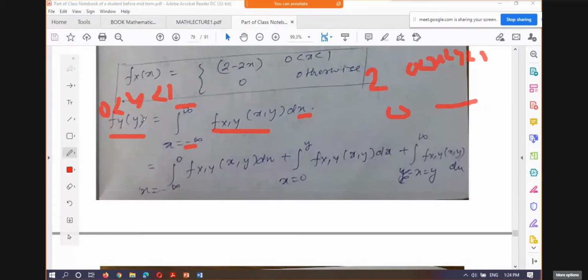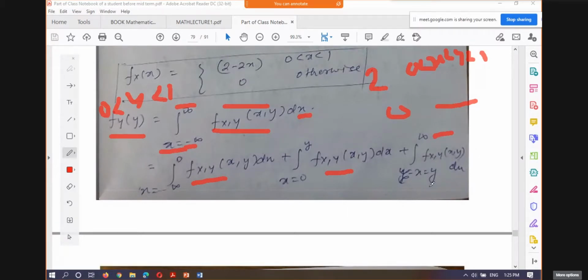So in this case, if y is greater than 0 and less than 1, we are trying to calculate the joint value f(x, y), integrating with respect to x from minus infinity to plus infinity. So when x is from minus infinity to 0, it is having some value, from 0 to y it is having some value, and from y to infinity it is having something.